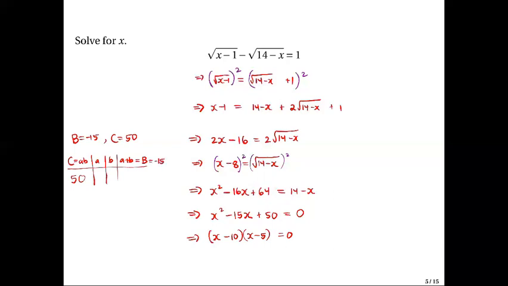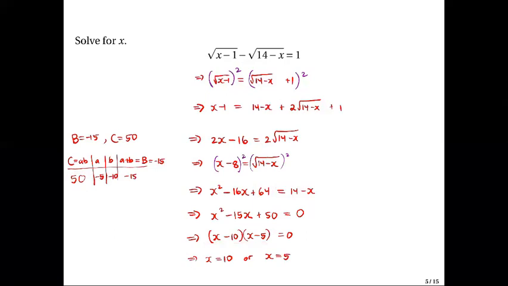Factors of 50, you can do 2 times 25, you can do 5 times 10. But we need a negative sum and the product is positive, so we can use both negative. So minus 5 and minus 10, and this is equal to minus 15. That's why this is the factored form. Which means that here, you have x equals 10 or x equals 5.